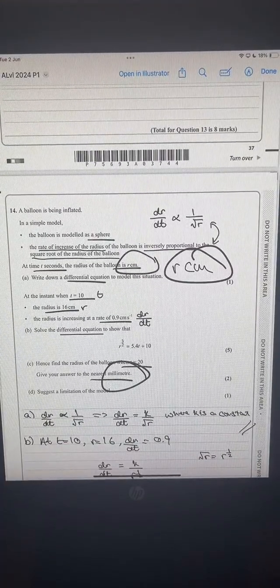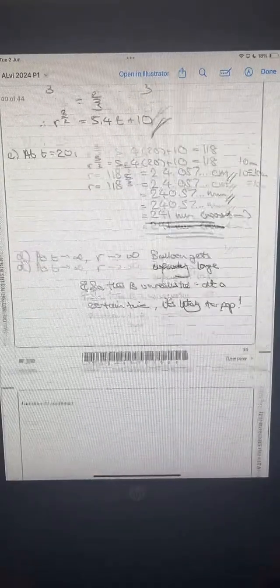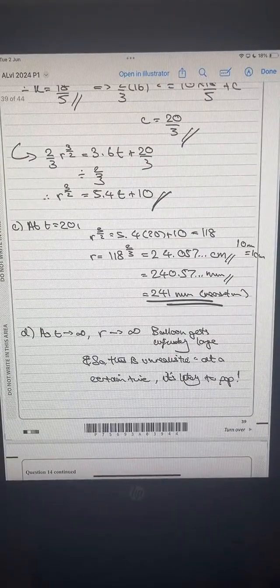Could you say that it's modeled as a sphere, so it's inaccurate? Let me just, on my other device, pull up the mark scheme and see if that's part of it. Let me just check 1 second. Because that is technically also a limitation of the model, I agree. Let me just see what they say for that.